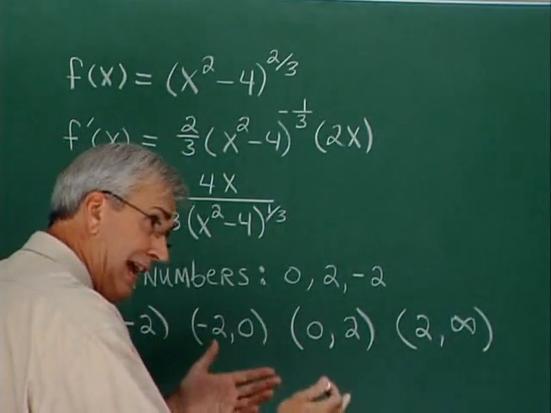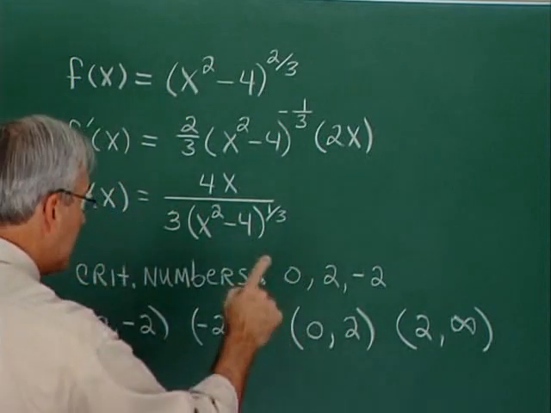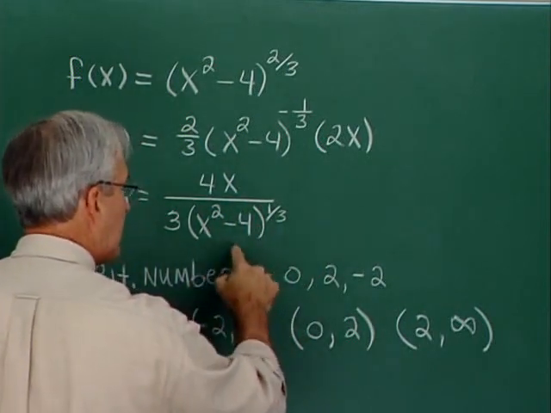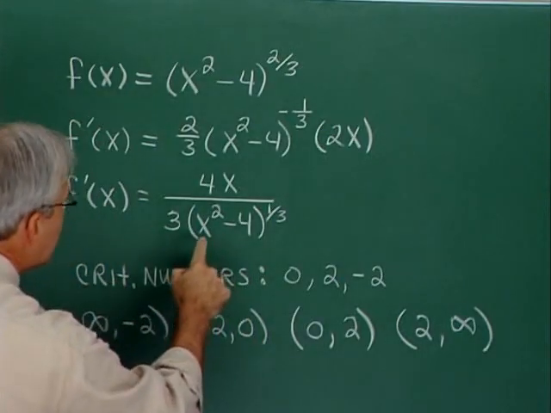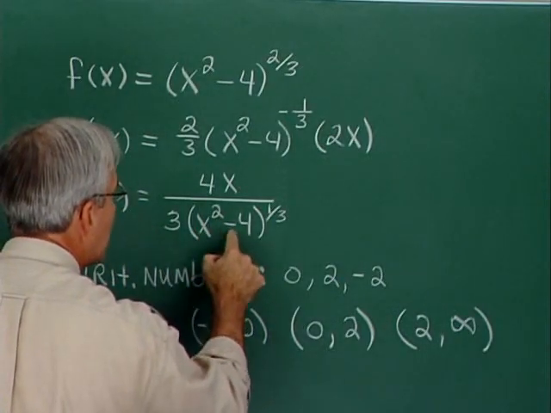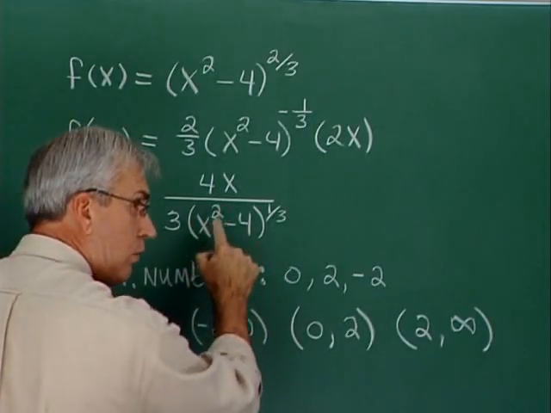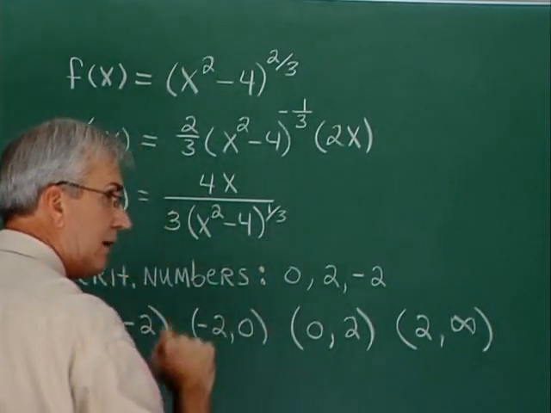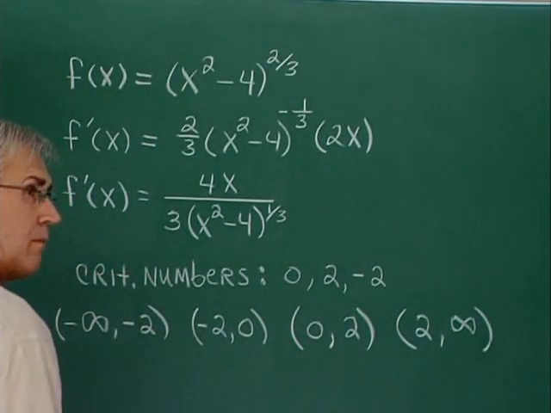So undefined values would occur at the zeros of the denominator, and those occur when this binomial becomes 0 itself. This is x squared minus 4. X squared becomes 4 when x itself is either 2 or negative 2. So 2 and negative 2 are also critical numbers.